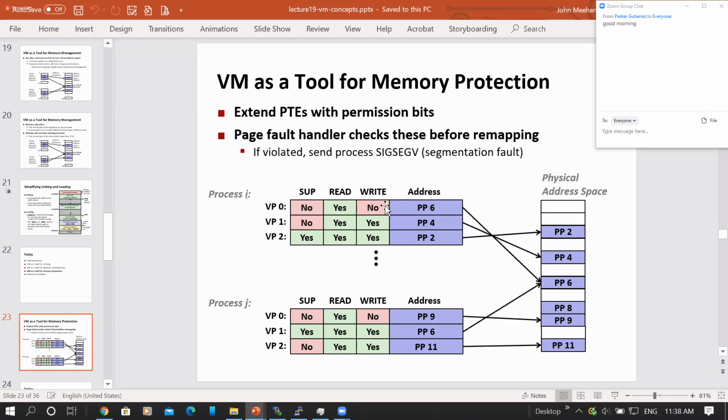And so if we were doing that example, like with the printf function, 2 copies of it laying in memory, you wouldn't want the process to be able to modify the code for the printf function, right? So you'd mark both of their pages as read only, no write, right?